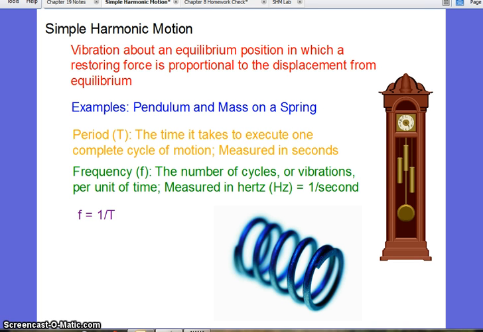If I talk about the spring, it's how many times does it go up and down in 1 second. That's the frequency. So the relationship between the frequency and the period, frequency, by the way, is a lowercase letter f. The relationship between the frequency and the period is that they are inversely related. So frequency is 1 over the period, or likewise the period is 1 over the frequency.